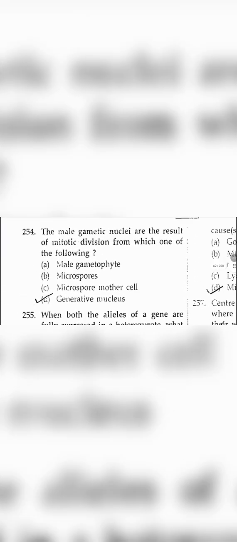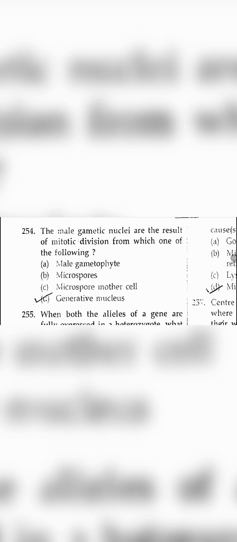Okay. Question number 254. The male gametic nuclei are the result of the mitotic division of which of the following? That is the generative nucleus. Question number 255. When both the alleles of a gene are fully expressed in a heterozygote, what is this phenomenon called?